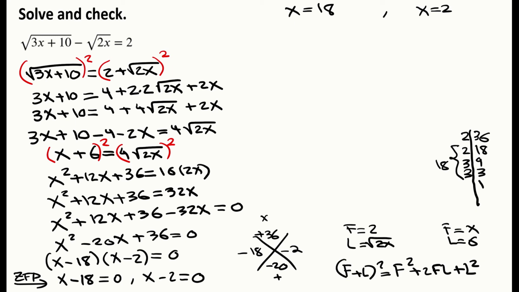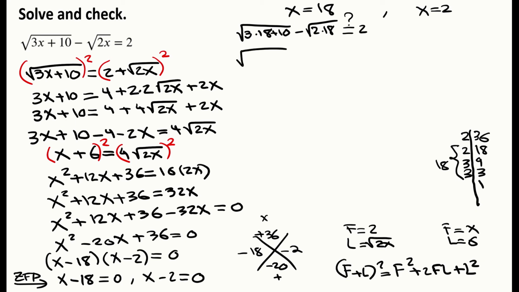So here we're going to plug in 18 into the original equation for x. So we get square root of 3 times 18 plus 10 minus square root of 2 times 18, and we're trying to see if that equals 2. Therefore the question mark, because we're not asserting, we're checking.